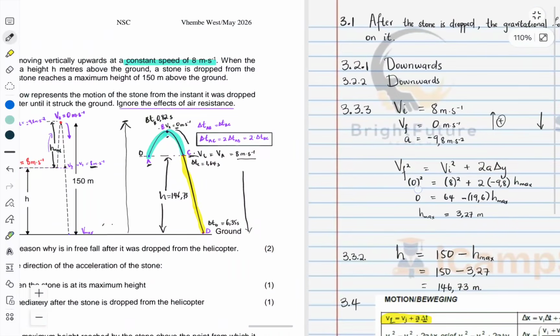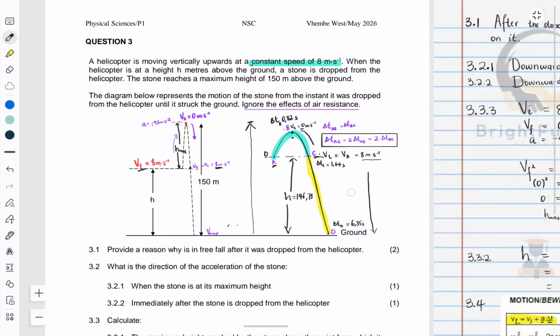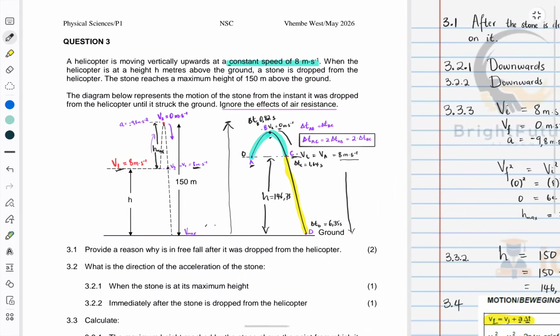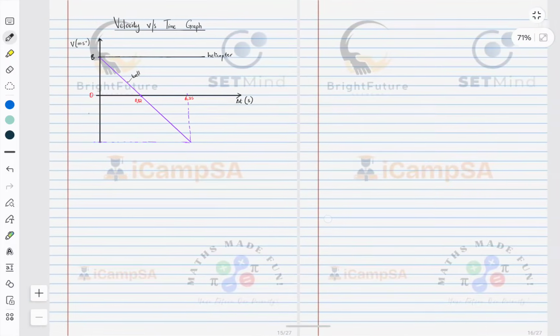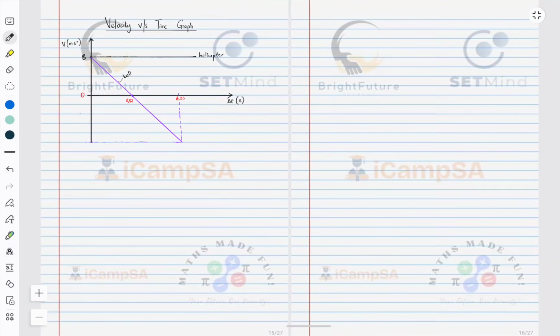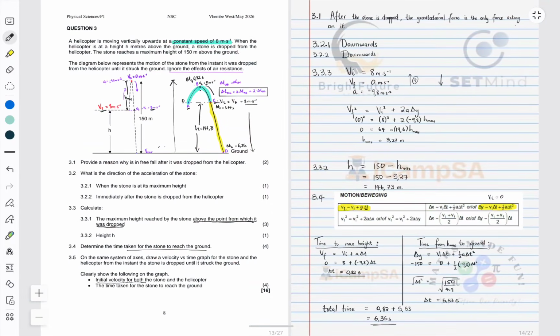Let me see the statement. Okay, they don't tell us if the helicopter stops or not, so it's fine. We'll just draw a straight line like that. That's for the helicopter now. All right, so this is how you would answer question 3 of this paper.